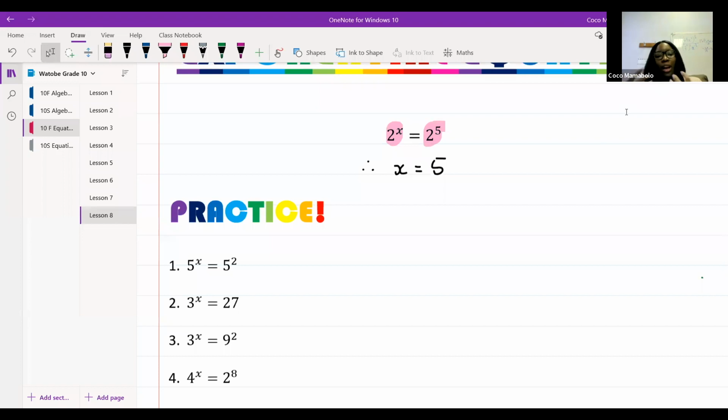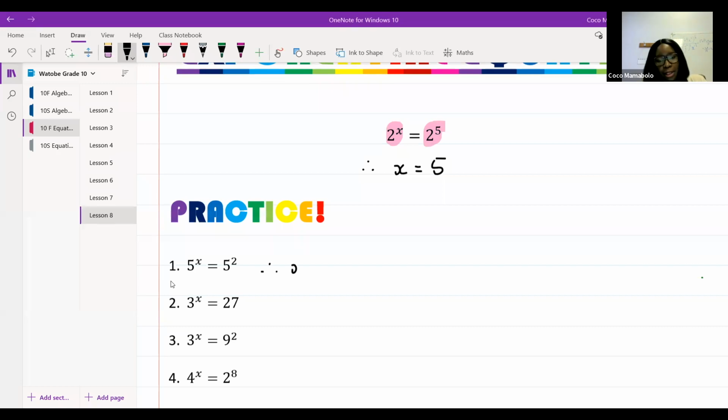What I'm trying to do, guys, is get both sides to look identical. They must look identical, or at least the equivalent must be identical. This left side must equal the right side. So look at number 1 over here. I've got 5 to the power of x is equal to 5 to the power of 2. What does x need to be for this equivalence to be true?